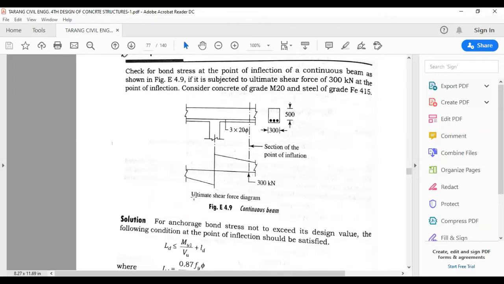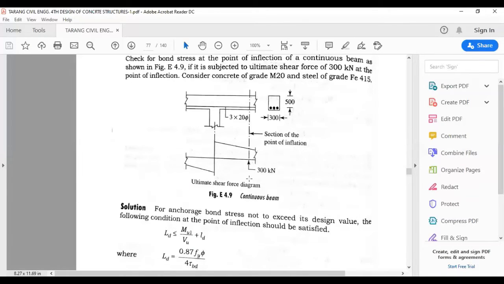As we can see, the number of bars given again is 3 bars, which are of 20 mm dia. This is the section at the point of inflection. Effective depth is again given as 500, and the value of b, that is breadth, is given as 300. And the ultimate shear force in this case is also 300 kilonewton, which is at the point of inflection.